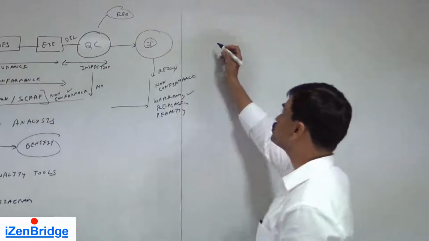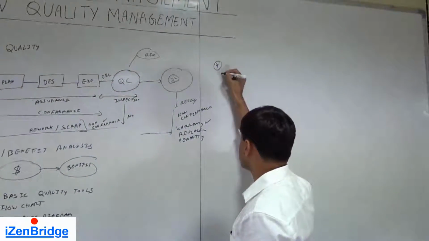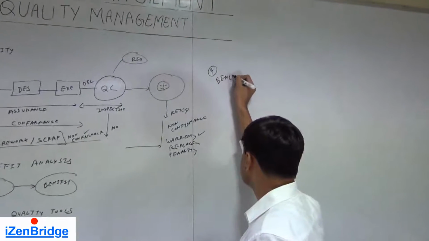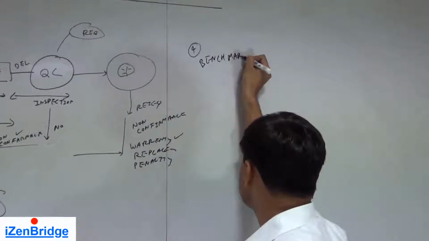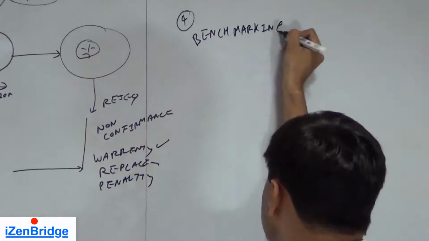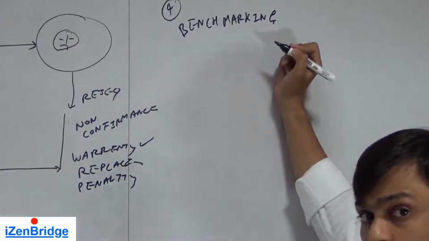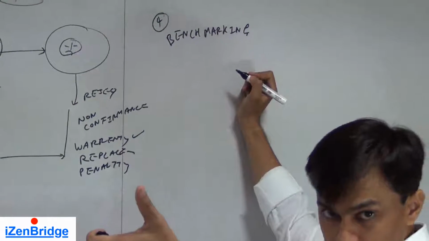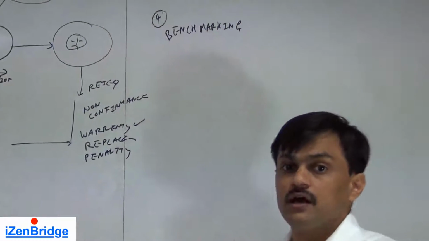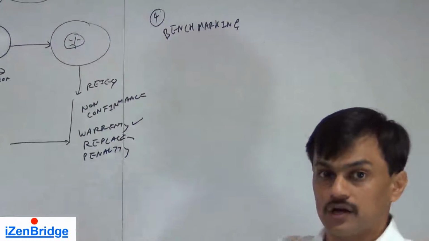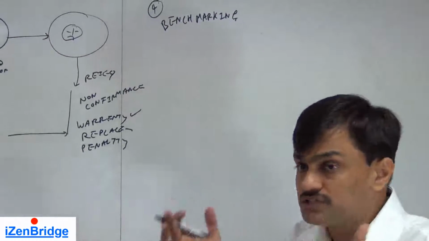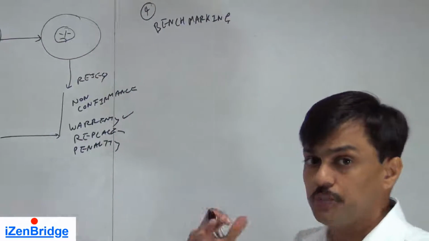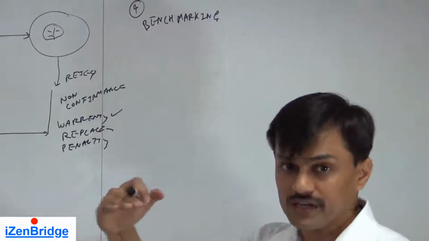Plus, we may use tools like benchmarking. Now, what is benchmarking? We may benchmark our project outcome against an established product. The client may be using another product already, and he wants that whatever we produce should be at least of that quality.